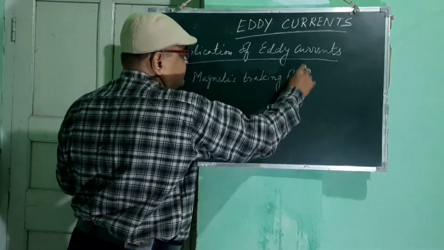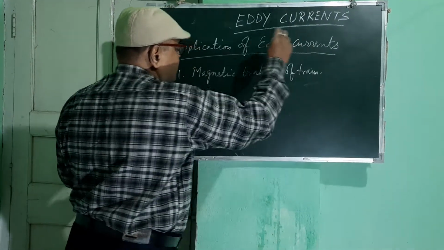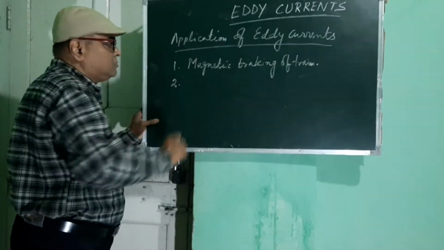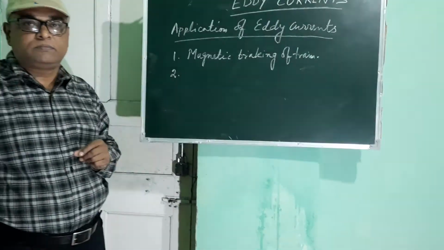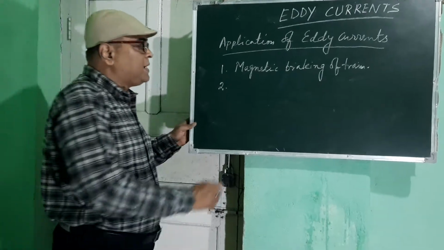One is magnetic braking of the train. Second is electromagnetic damping.